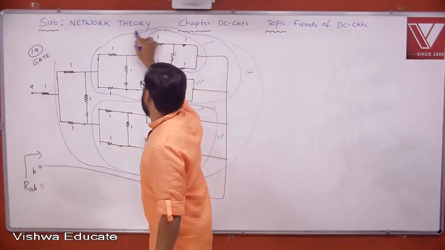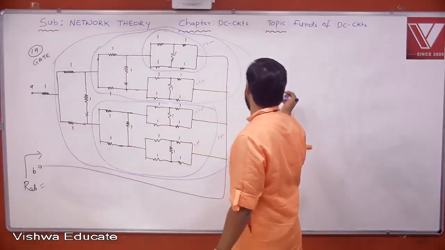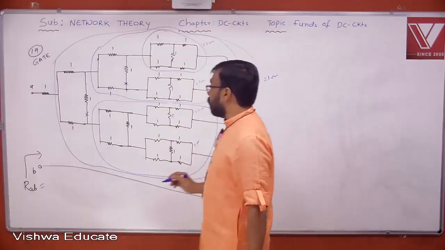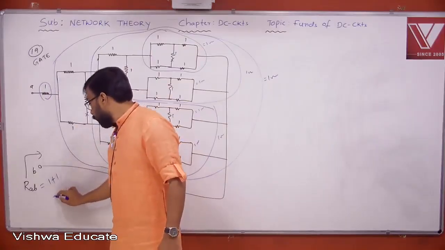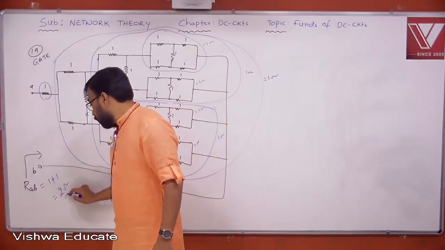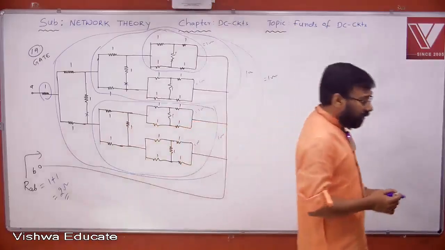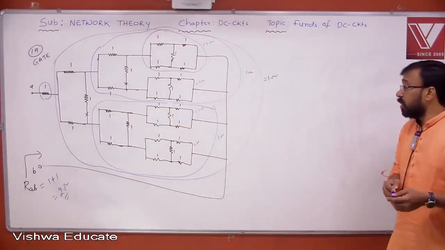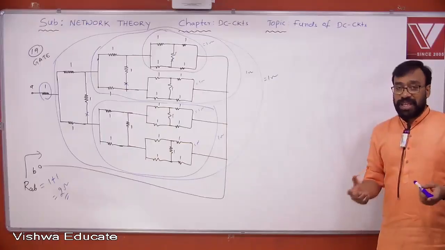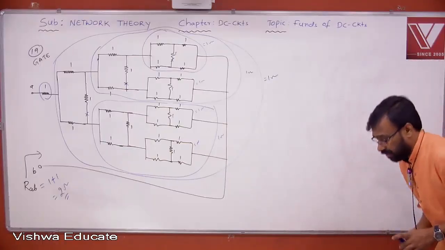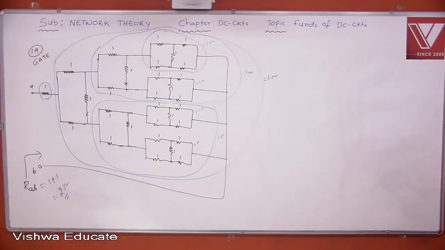Once again, this entire portion is going to be 1 ohm. And this 1 ohm plus this 1 ohm, when you add, you're getting what? 2. That's it. That's a very simple problem. That's why I told you, to draw this network it takes much time, but to solve the problem it takes very little time. So please do it quickly. I think all of you understood this.